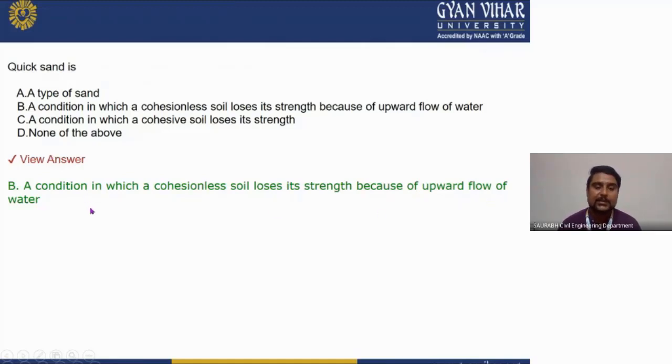This type of question also came in the SSC exam and in many state government exams. If anybody asks you what quicksand is, you can easily answer: a condition in which the cohesionless soil loses its strength because of upward flow of water.